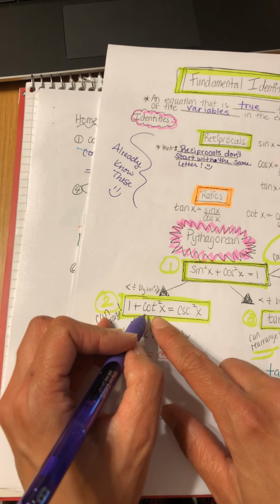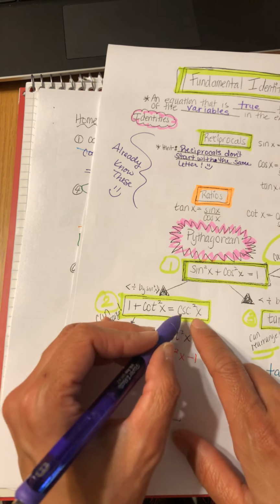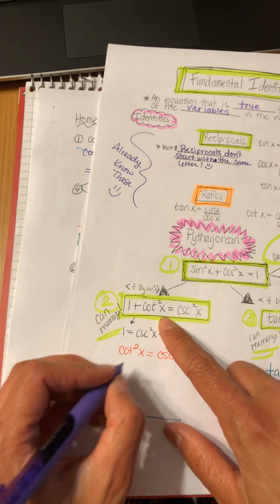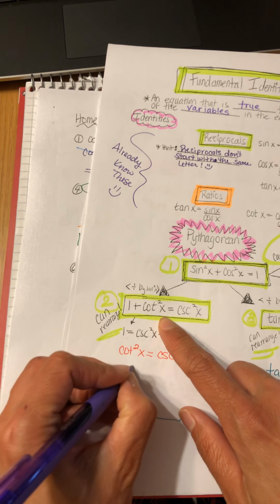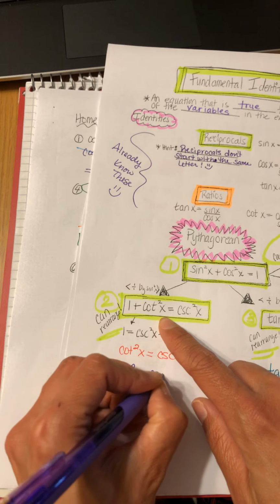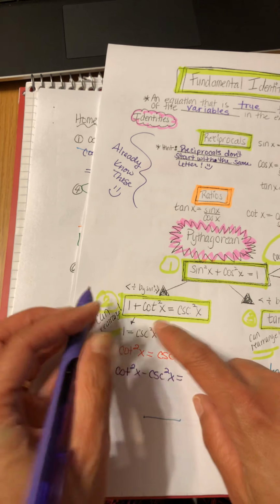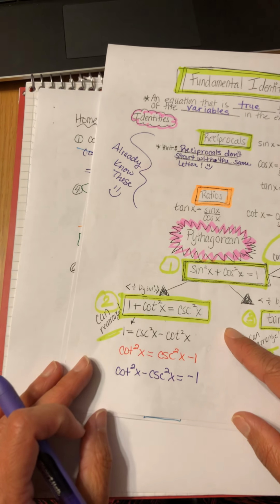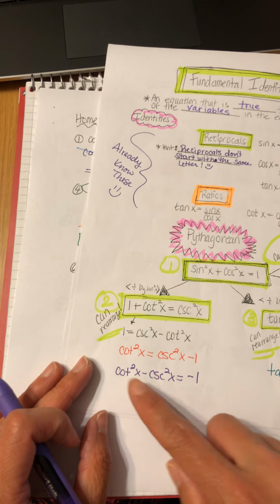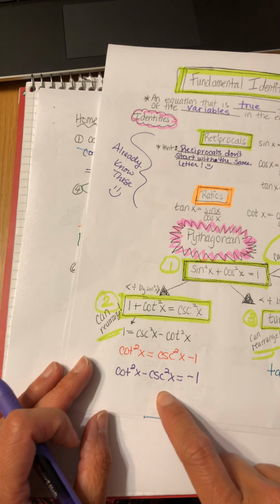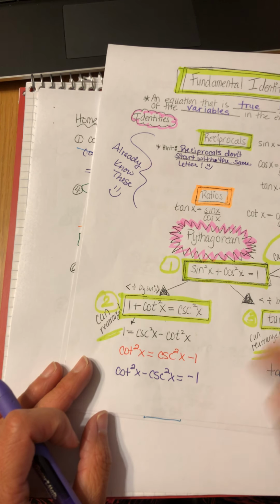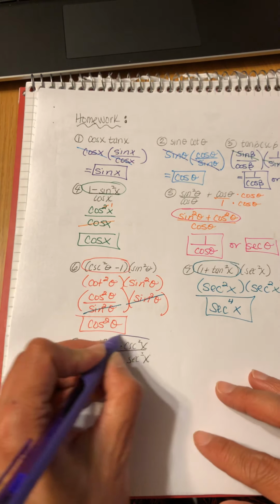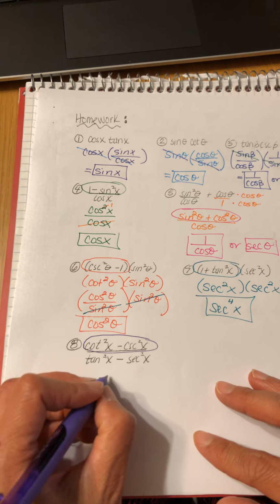If I have cotangent squared minus cosecant squared, I have to subtract cosecant squared on both sides. But then I would also have to subtract that 1 from both sides. So I can replace cotangent squared minus cosecant squared with a negative 1. So I can replace this numerator with a negative 1.